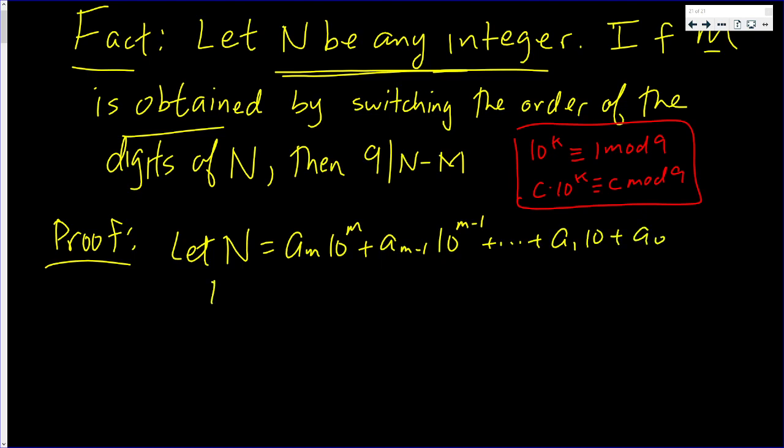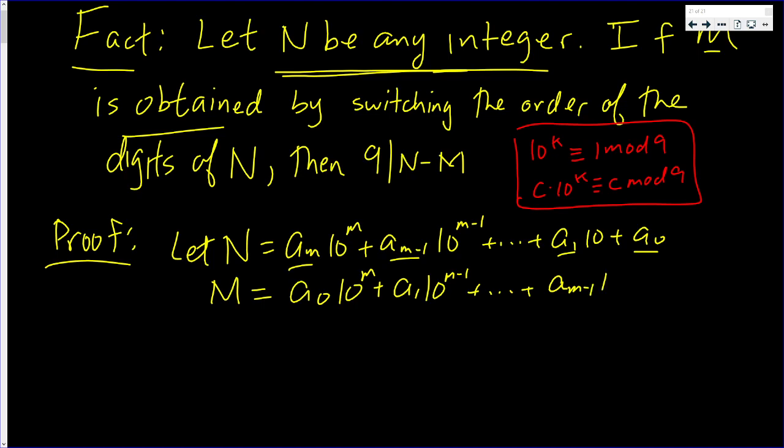So m is just reversing the digits. That is, a sub 0 is going to come first, plus a1 will be next, all the way down to a sub n minus 1 times 10 plus a sub n.